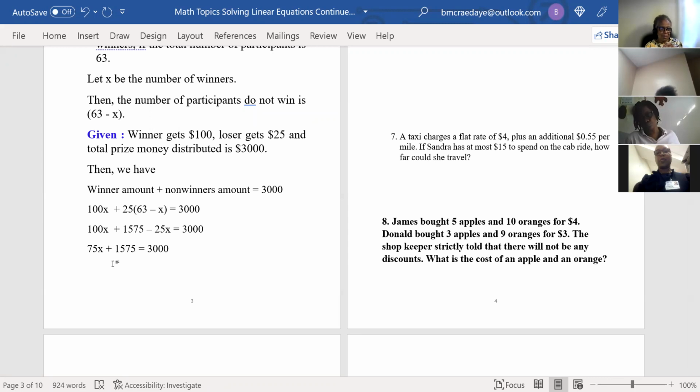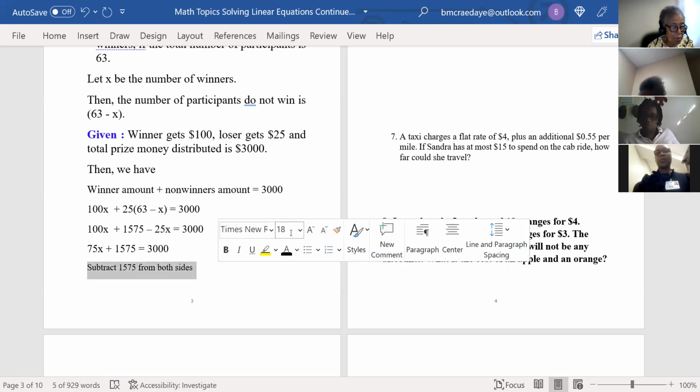The constants are 1575 and 3,000. Yeah, subtract the 1575 from both sides, right? All right.